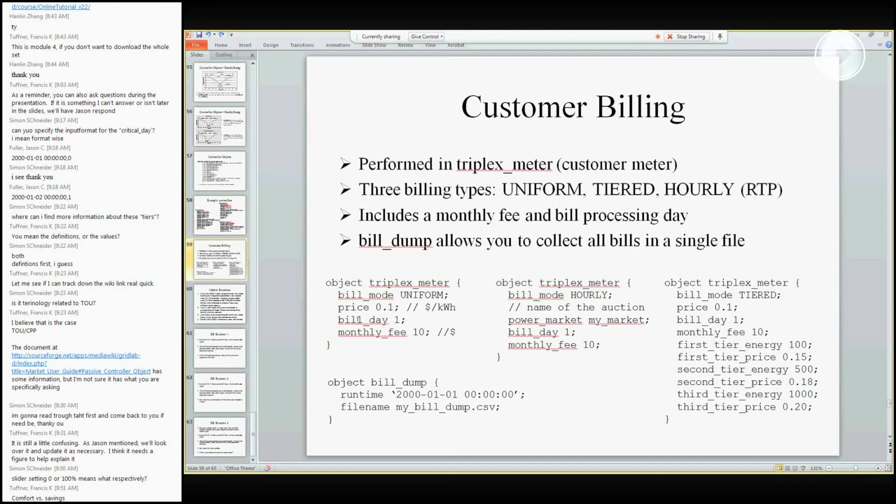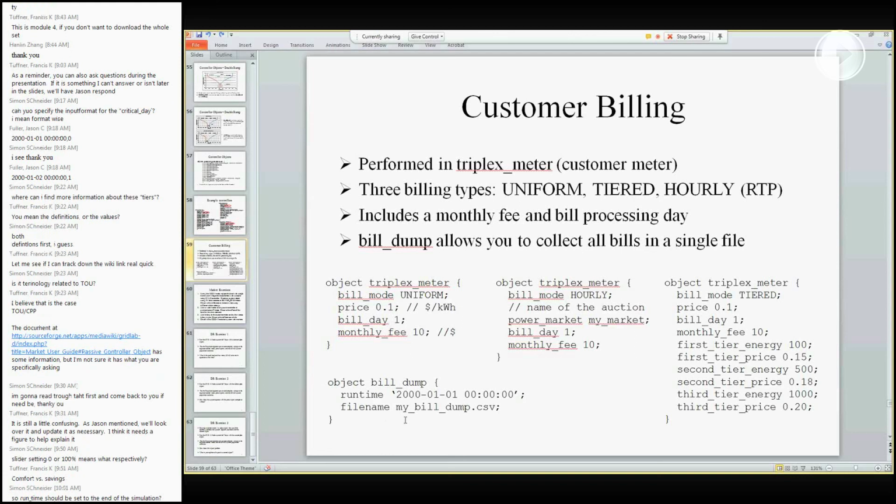It will grab their monthly bill and their monthly energy consumption and dump it out into a single CSV file that just has the list of all the different customers, all their different energy consumptions, and all their different monthly bills.